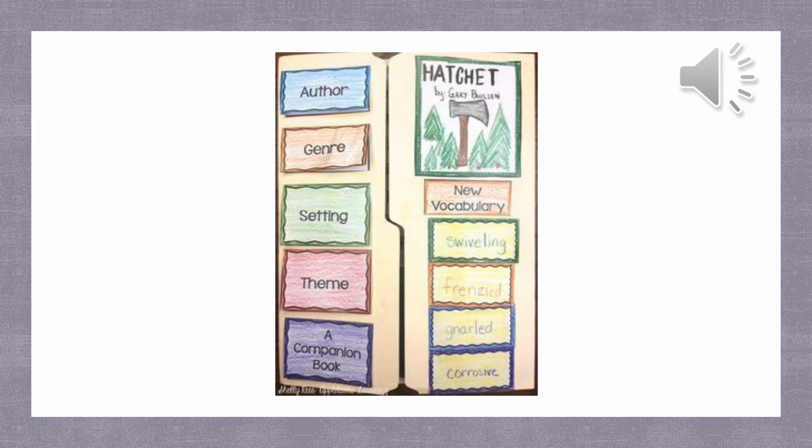Then underneath, I want you to think about, when you read this book, was there any new vocabulary that you learned? And you could write that on one of those pieces of paper and then under the flap explain what that word means, okay?